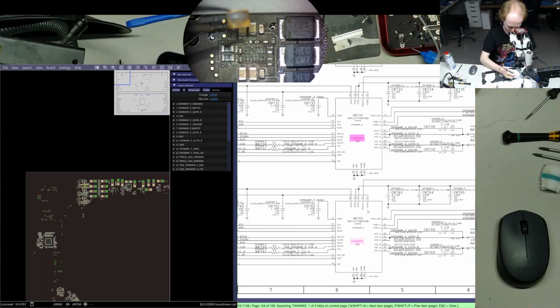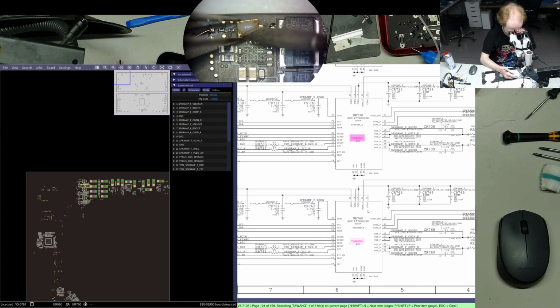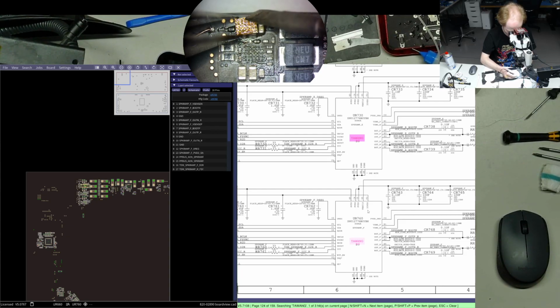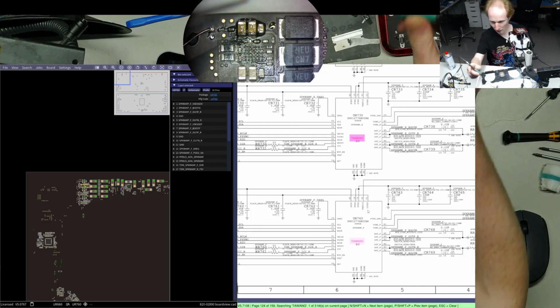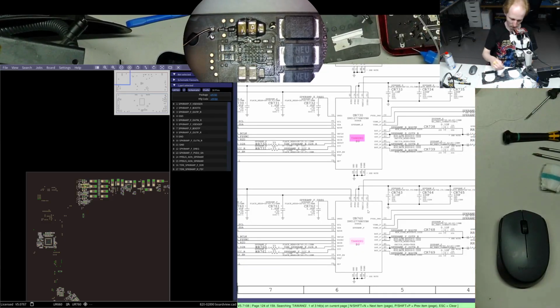So we need to reball it and put it again. Or you can simply reball everything and replace everything. It also works.